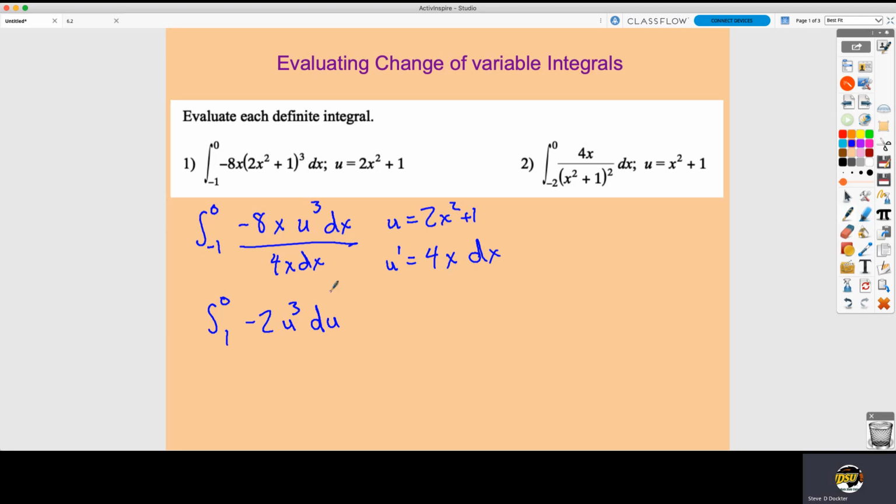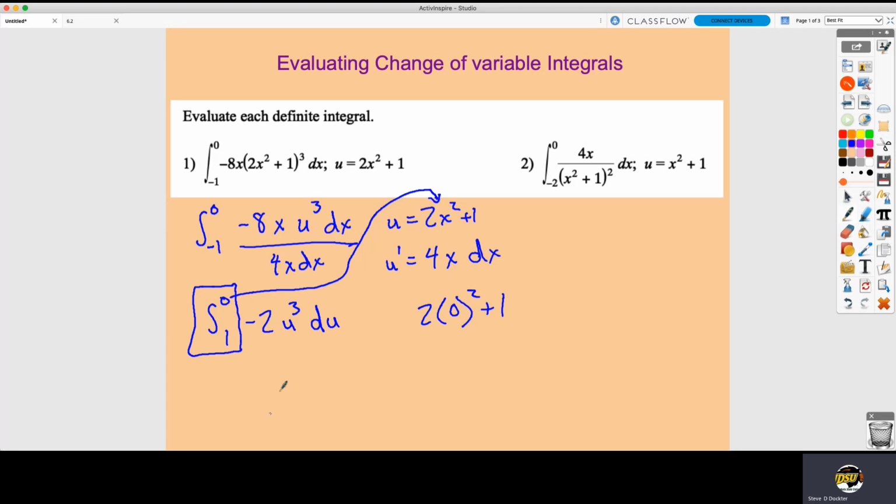Now, if we leave this in terms of u, we have to change these restrictions. How we change those restrictions is, first of all, we're going to plug the 0 into the u equation where we see an x. So when we throw a 0 in there, we get 2 times 0 squared plus 1. That just turns into a 1.